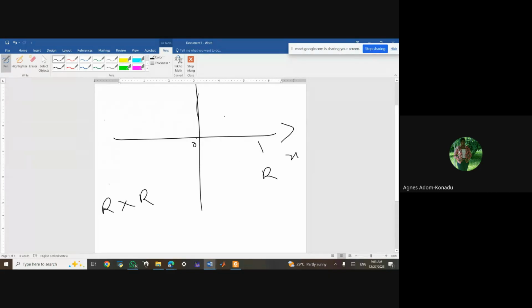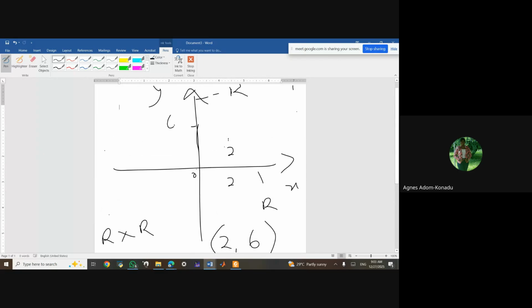That's what I'm talking about. The points on the Euclidean plane are x by y. So when I choose a point 2, 6, it means that I want the value 2 here and then the value 6 here. So this is 2, 6.